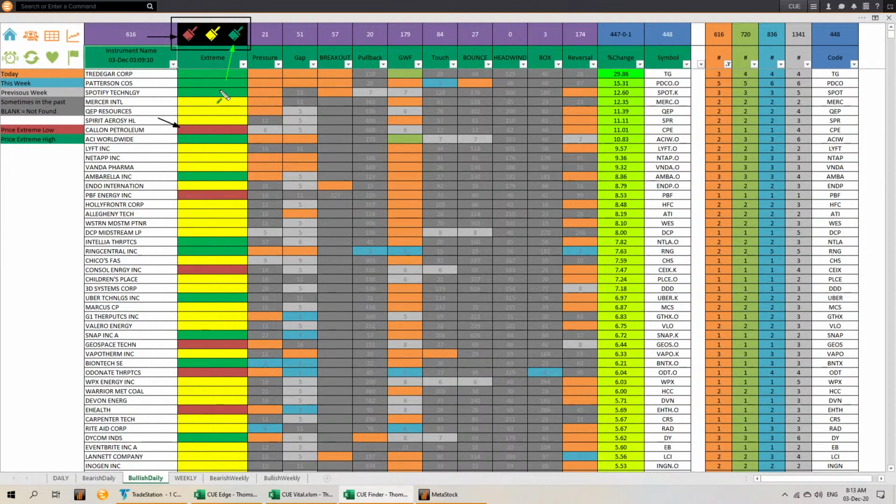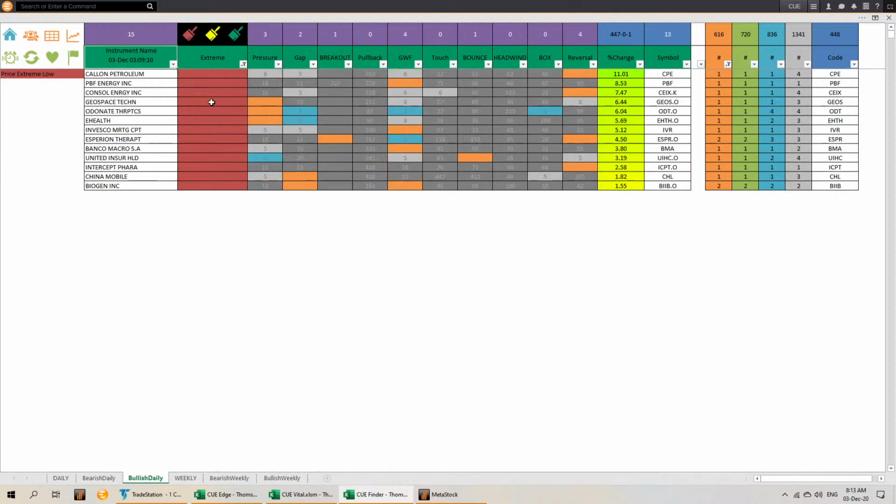The green paintbrush will focus on only the price extreme high stocks, and the yellow paintbrush will focus on only the price extreme middle stocks. For example, I am clicking the red paintbrush and you can see now I have only the stocks that are giving Q signals today, at least one Q bullish signal today, and only the stocks that are at price extreme low.